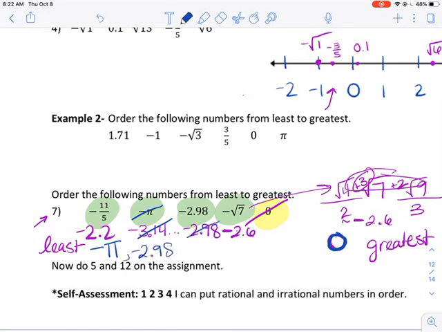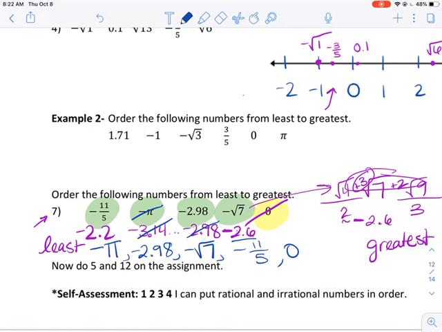Remember to write the actual number. And this one says negative 2.2, so, oh, no, this one's negative 2.6. So I'll put negative square root of 7 next because it's the next biggest looking. And then negative 11/5 will go last. Now I'm going to move my 0 over just a touch so you can tell 0 is in that set.